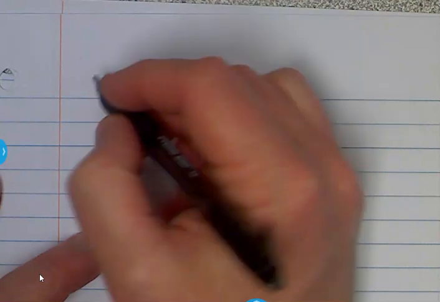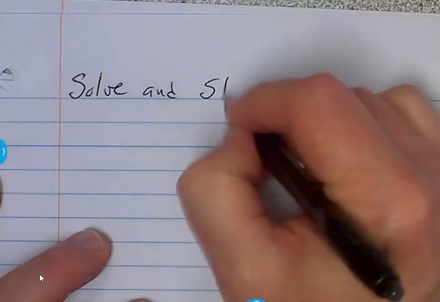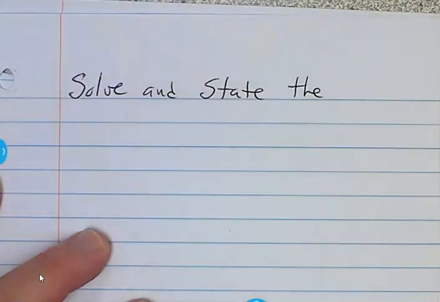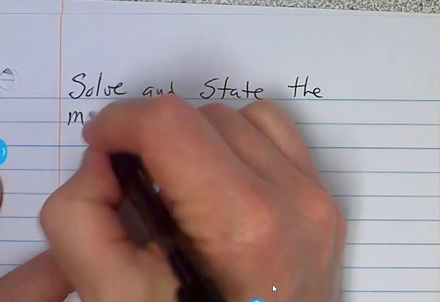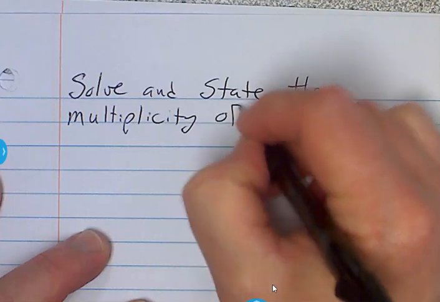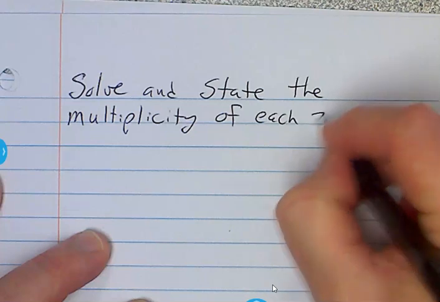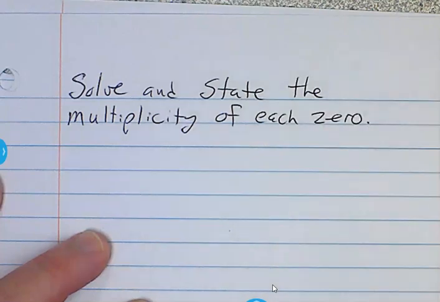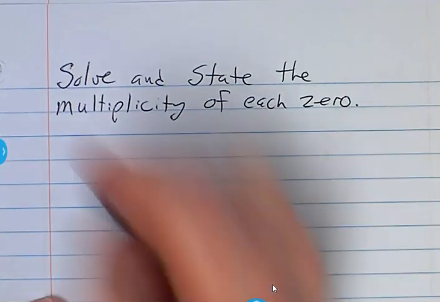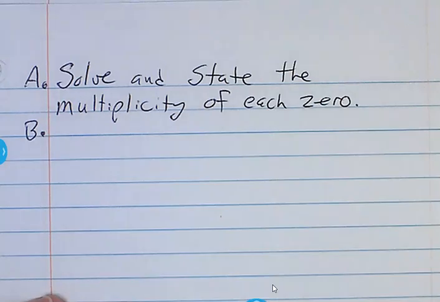Okay, so here's what we're going to do. And again, we'll do a couple of different ones just so you can see what's going on. We're going to solve and state the multiplicity of each zero. So we've got like a part A. Part B, we're going to state the end behavior.